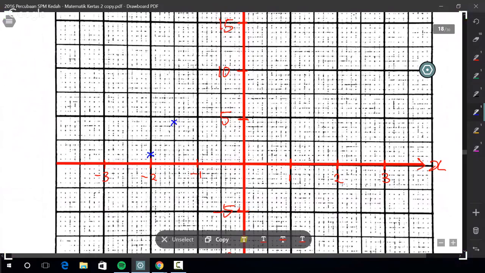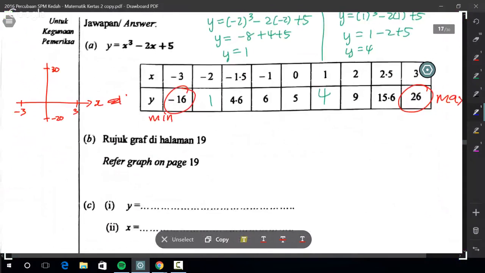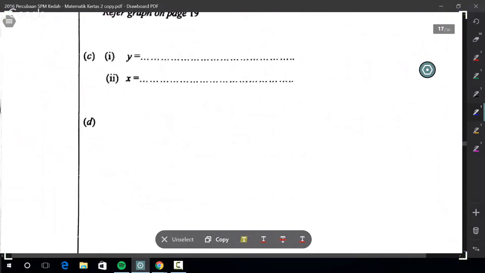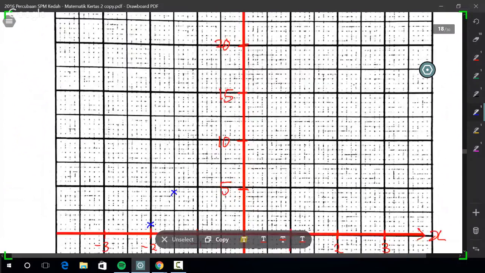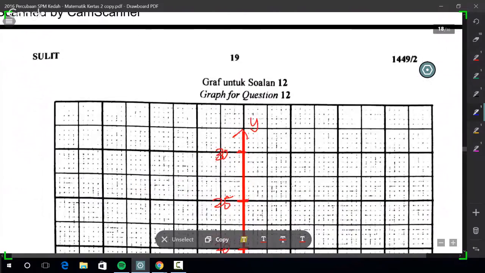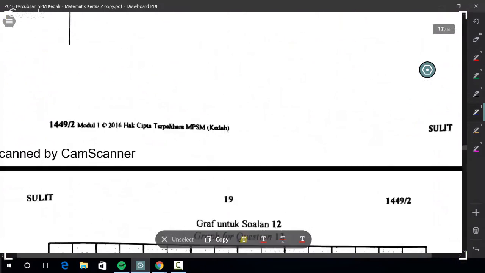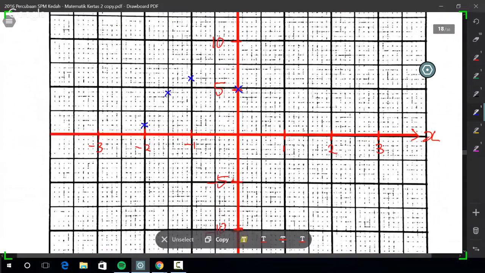Somewhere here. Okay, so -1 is 6, 0 is 5. If I didn't remember wrongly. Yeah. 1 is 4, 2 is 9.